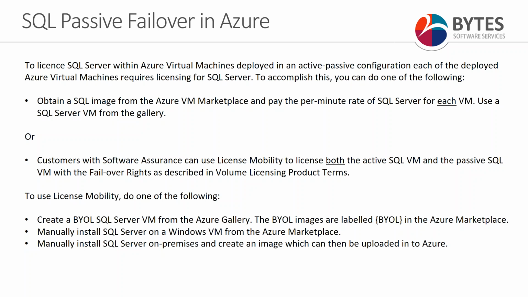So even at the point of software assurance expiring on an agreement, you'd have to renew that to allow for bring your own license, A, to be used in Azure or AWS, and secondly, to provide the rights to the passive instance. One important note is that the passive VM size must either be identical to the active VM size or lesser. So the compute power can't be more than the active server itself.